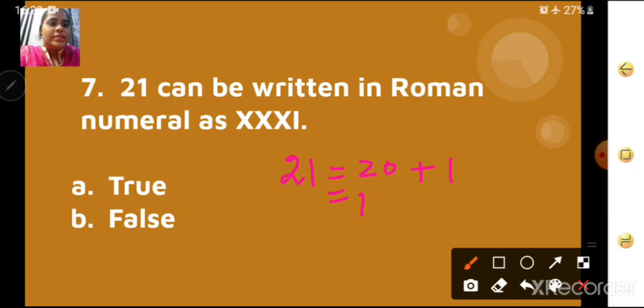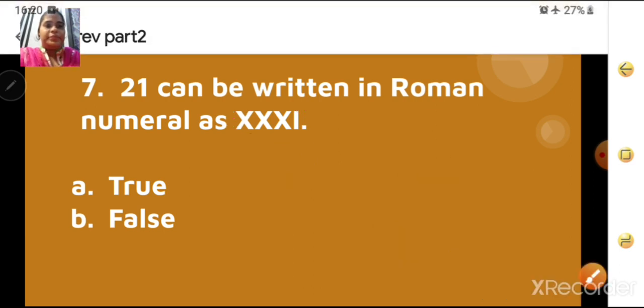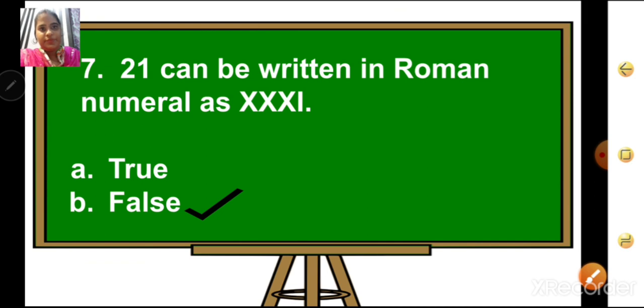So it is 10 plus 10 plus 1. What is 10? 10 is X. One more 10 is there, so it is X, addition. And then plus 1. 1 is I. So what answer did I get here? XXI. Is this same here? No, it is not same. That means I have to tick on the false option. Okay, so we will tick here on false.